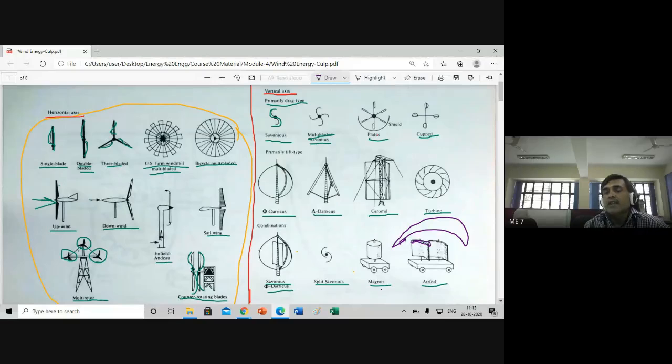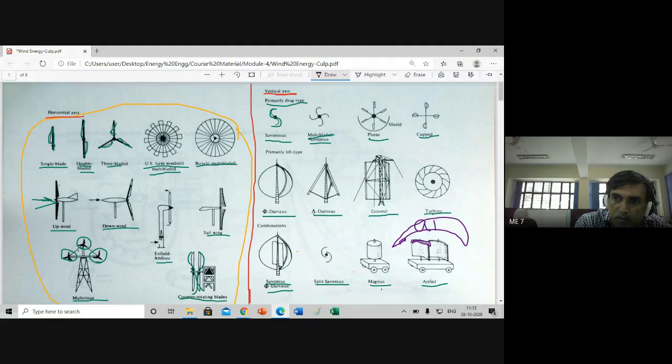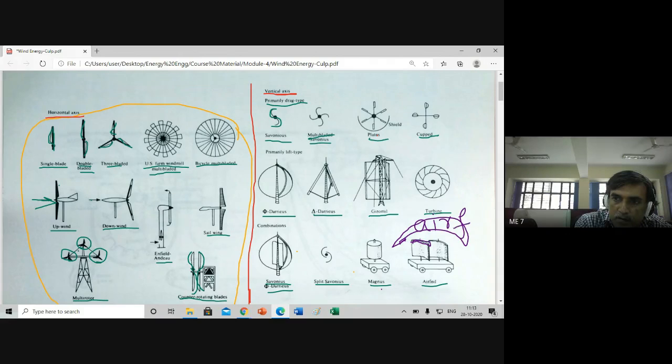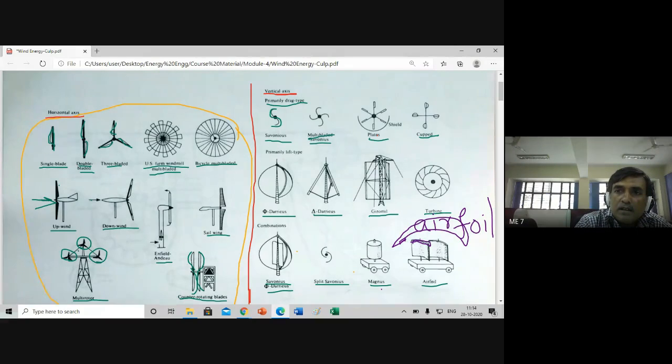It is like this. This is airfoil, or aerofoil.